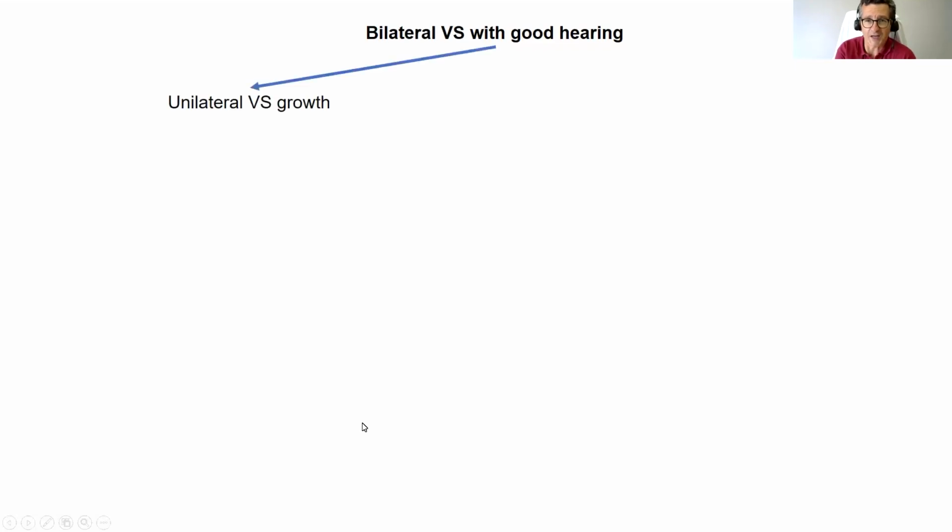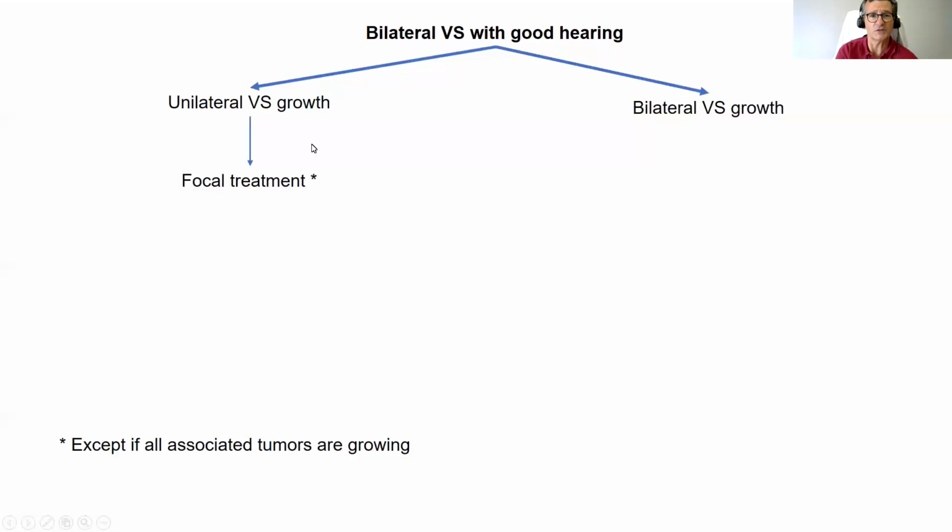So just to start and to summarize, and I will explain: when you have a patient with bilateral vestibular schwannoma with good hearing, the patient is followed, and then you can have one option: no growth, or a growth on one side, or a bilateral vestibular growth, where the two vestibular schwannomas are growing. What can we do? When one tumor is growing, I think that on the first side, it's a focal treatment.